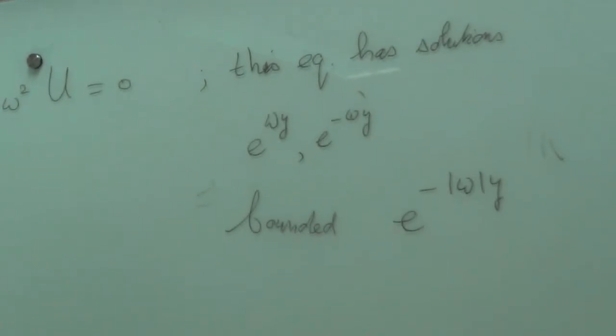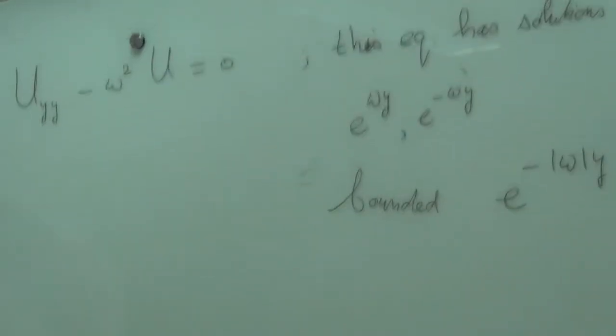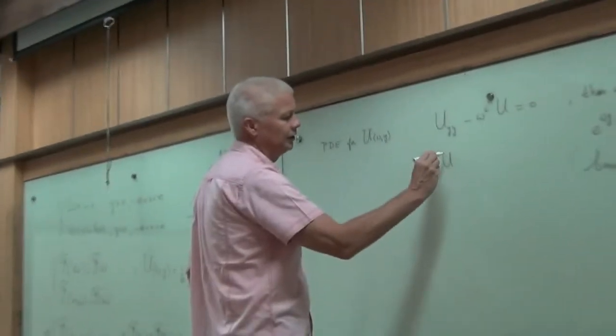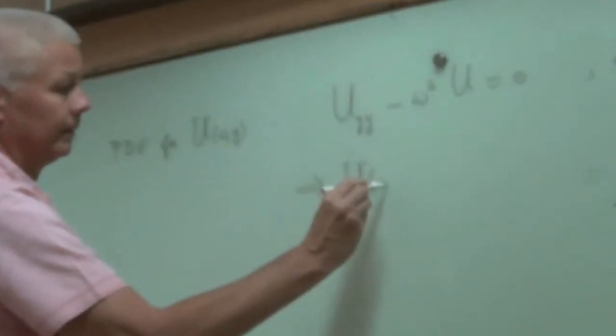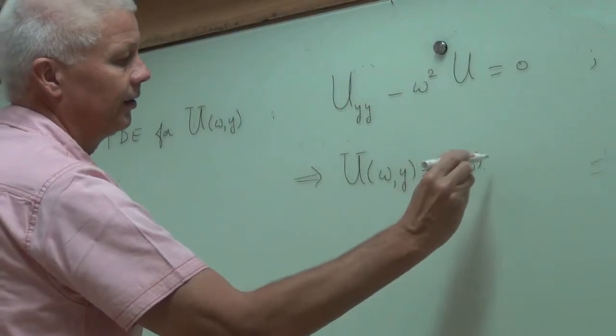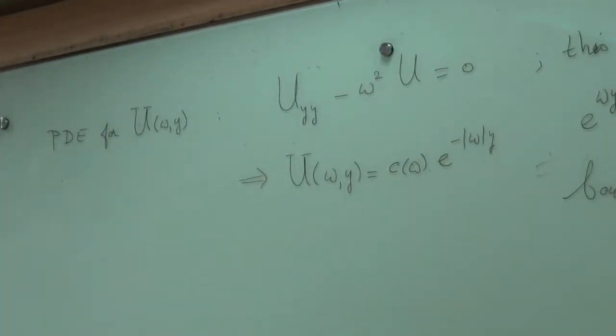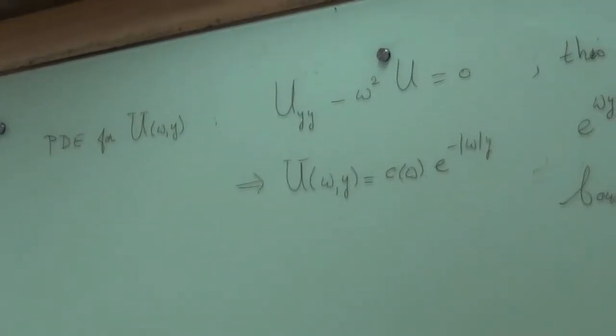How many do I have? Well, for each omega I have one. I add them up, the superposition principle, so I can say the general solution of this problem, which is bounded, is a constant c omega times e to the power minus omega times y. So that's my general solution.